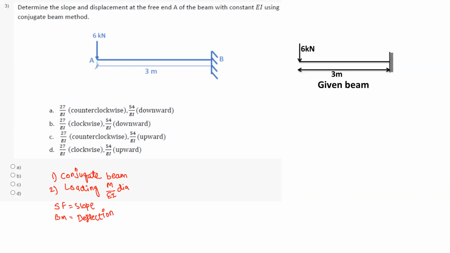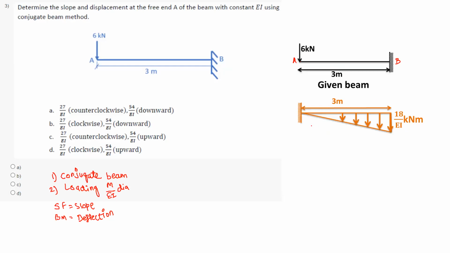Now we have this beam, 6 kilonewton, 3 meter. So we have this as A, and then we have B. Then for the bending moment diagram, first A is fixed, B is free, and in the bending moment diagram at A we have 0, at B we have 6 into 3, so 18 kilonewton meter.